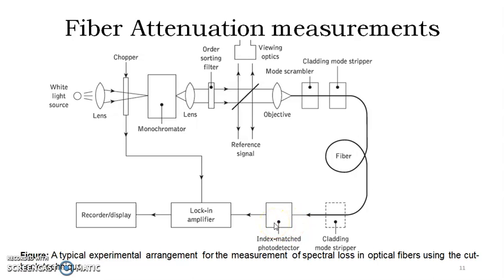It can be an avalanche diode or a pin diode, and that detector is usually used at the other end of a particular fiber, and it measures the output. That is based on the lock-in amplifier, and this particular output is recorded at the recorder there.